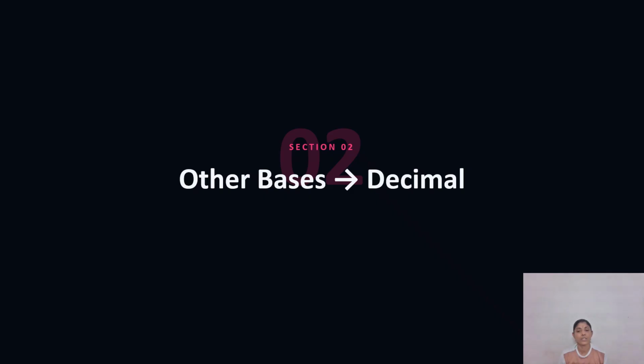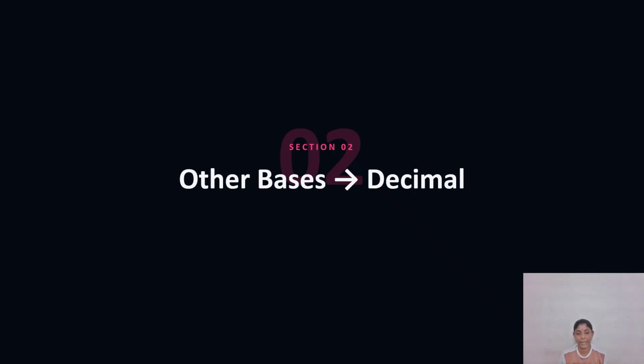Right. In this section, we are going to look at other bases to decimal. For other bases to decimal, I will tell you the shortcut, the fastest representation. You have to consider the face value and the positional value, otherwise called the place value.